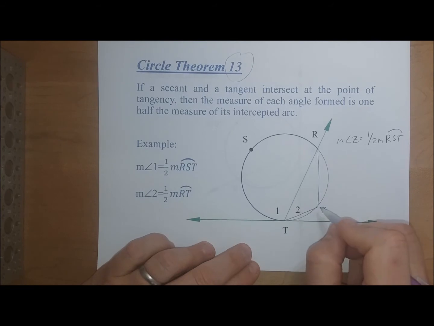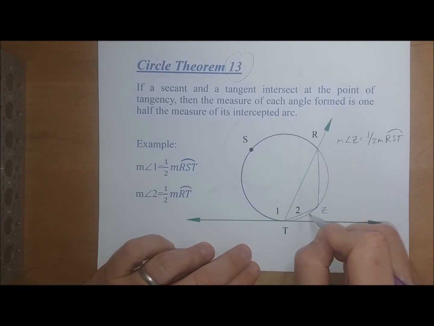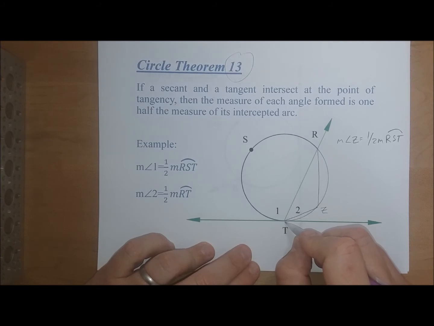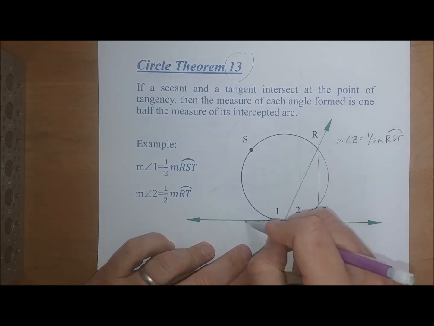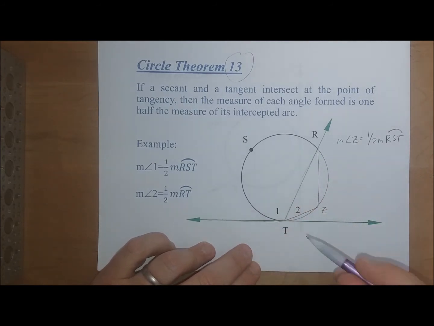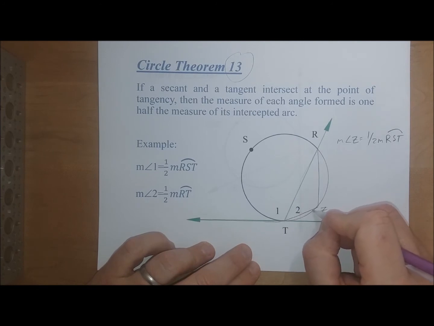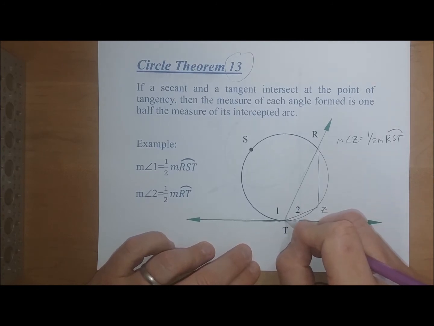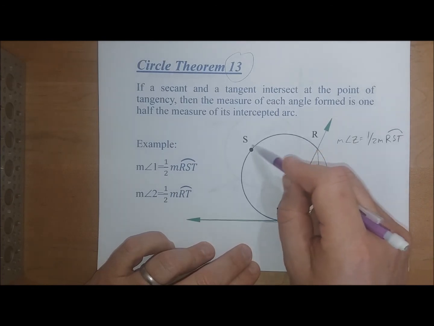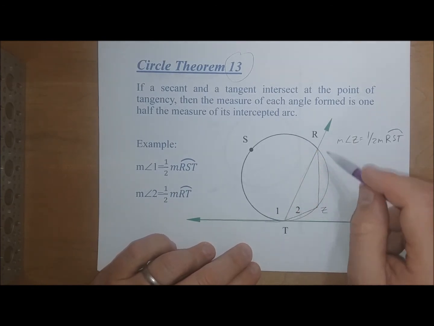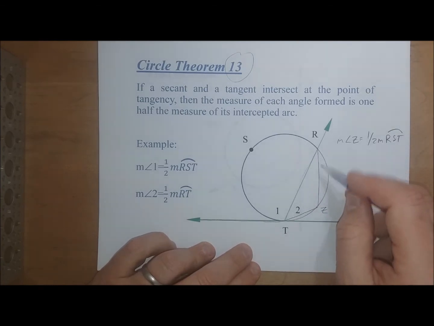In fact, I could move it all the way down to here until it just suddenly ceases to be an inscribed angle, and now it's just this angle here, right? So it's understandable that at that point, this angle would still have that same measure, 1/2 the measure of this arc RST. Okay, that's how I like to visualize it and remember it.